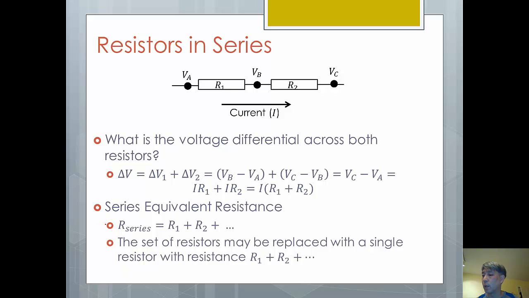So here's the formula that we will be using for resistors in series. As long as we know the voltage drop across the whole thing, it allows us to calculate the current through the equivalent resistor, and the current through the equivalent resistor is the same as the current through the individual resistors, because that's the feature of resistors in series.